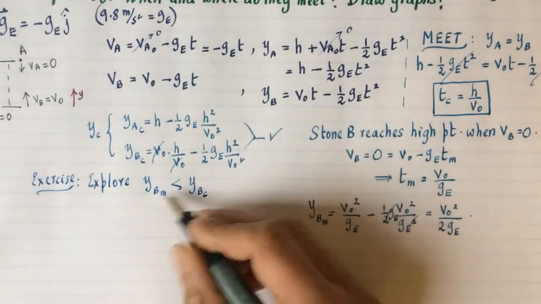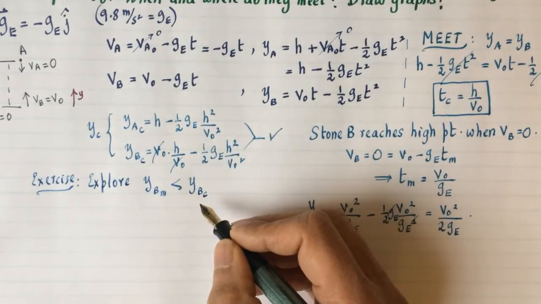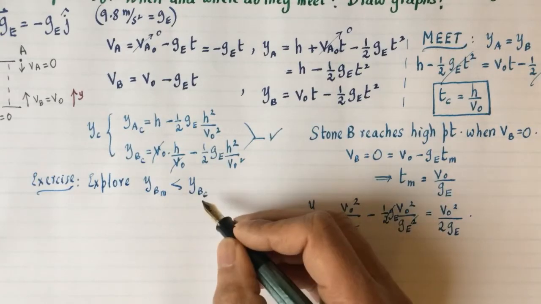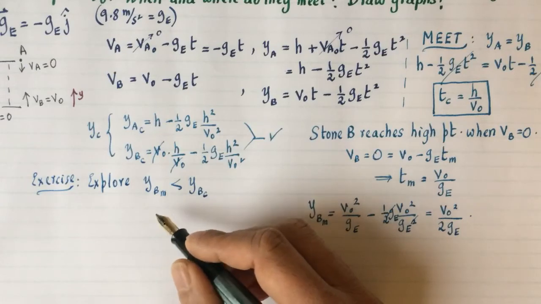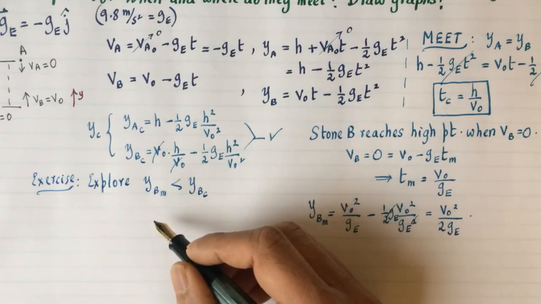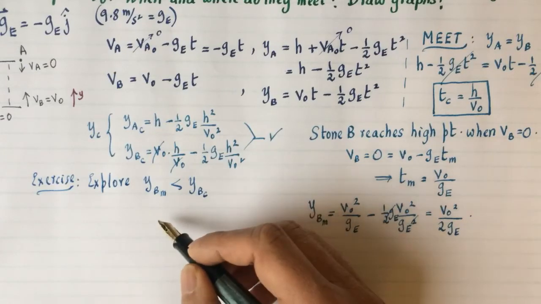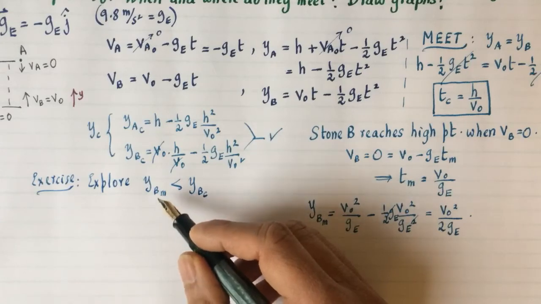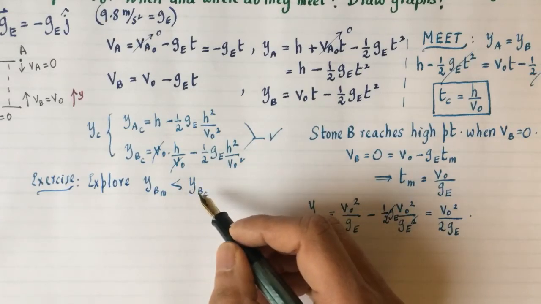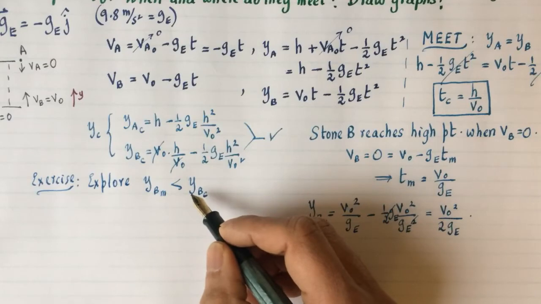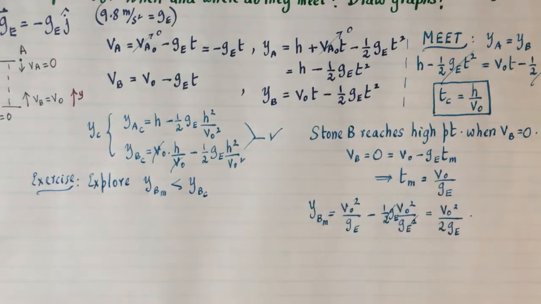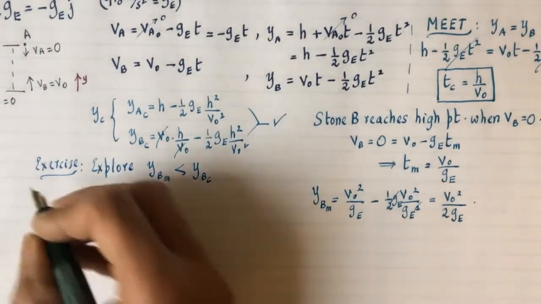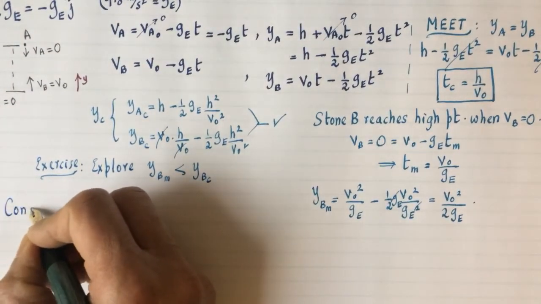YB max less than YB critical means that it's going to meet the stone on the way up. That's what it means.